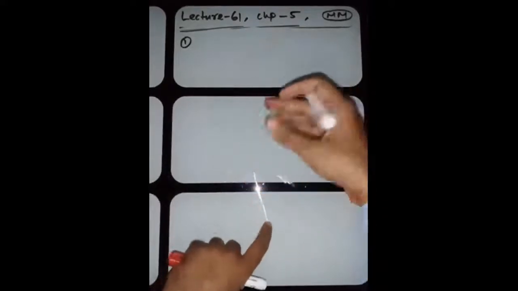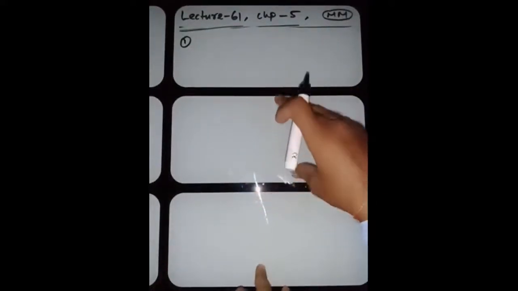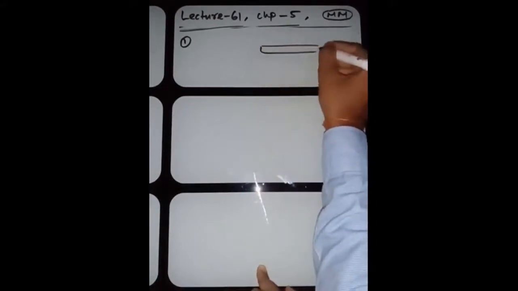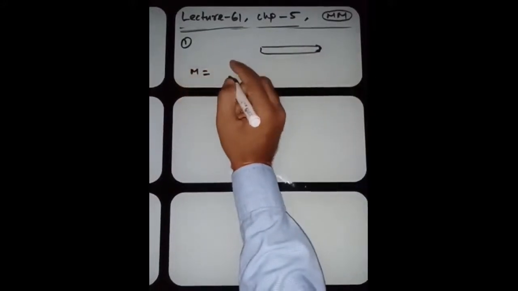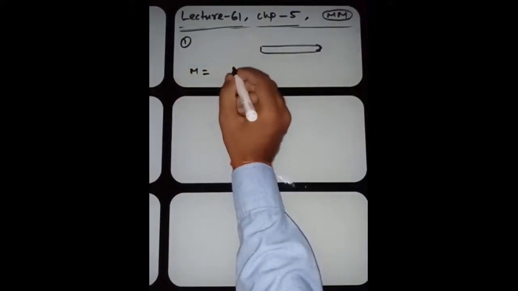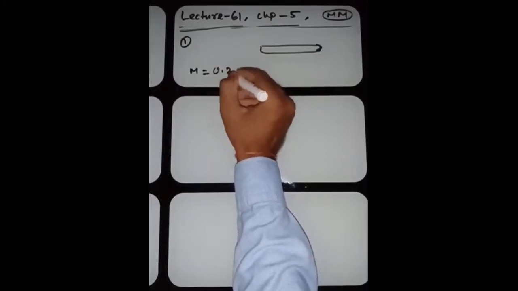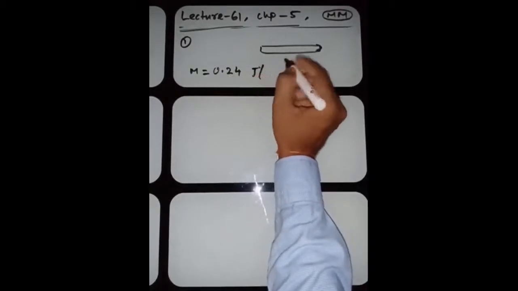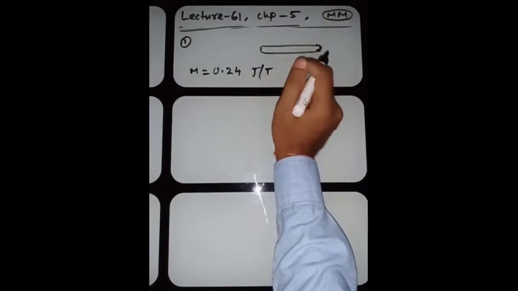I'm just dictating. A short bar magnet has a magnetic moment of 0.24 joule per Tesla. This is the magnetic moment given.